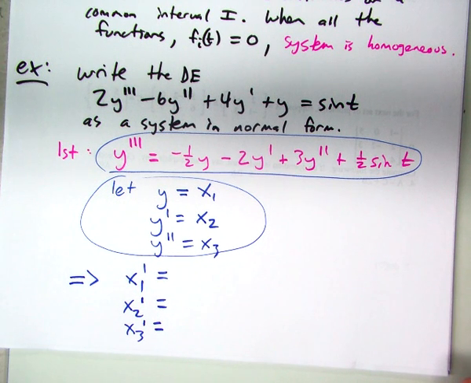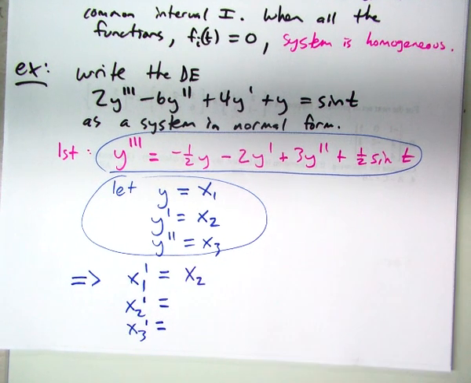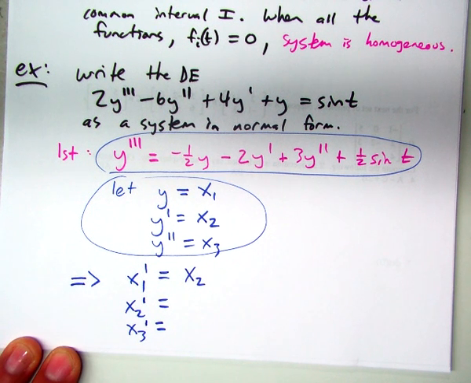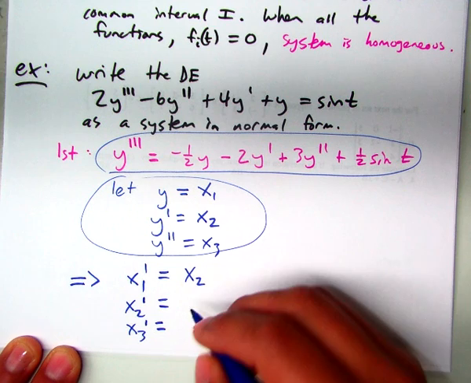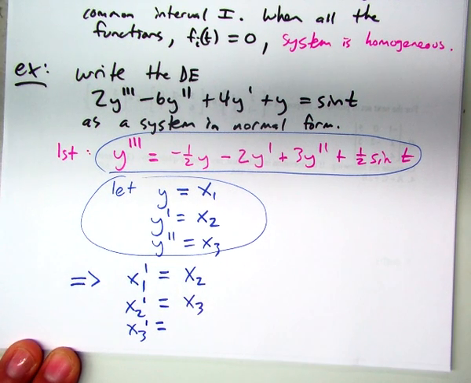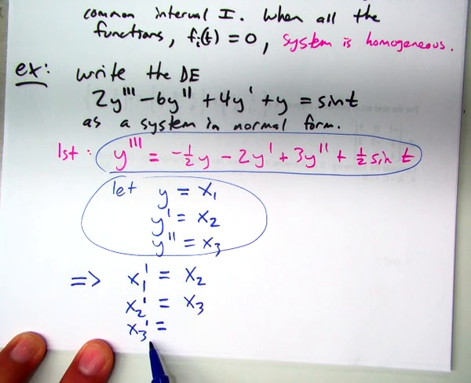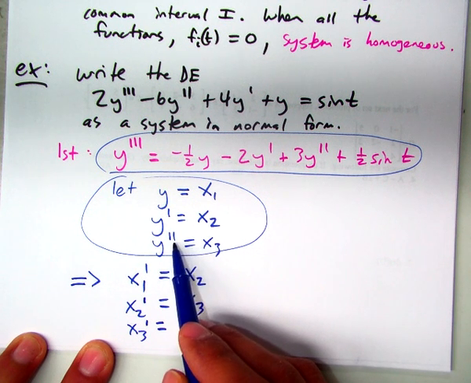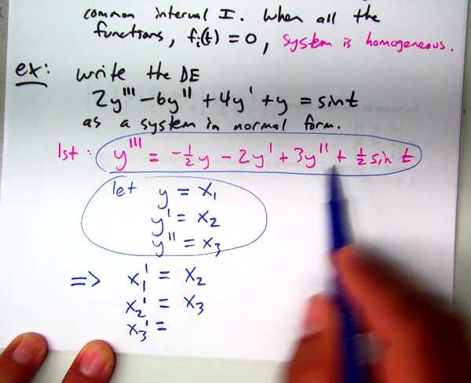What would x1 prime be? Y prime, yes, which is x2. And then x2 prime is x3. And now x3 prime, we'd have to take the derivative here, which means we just want third order derivative of y, which we have here.